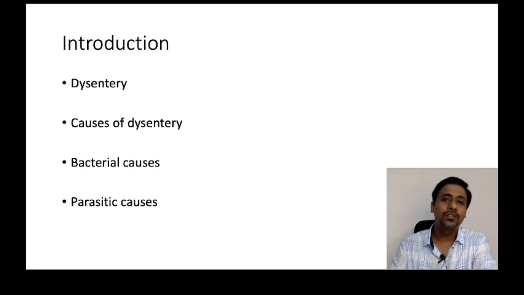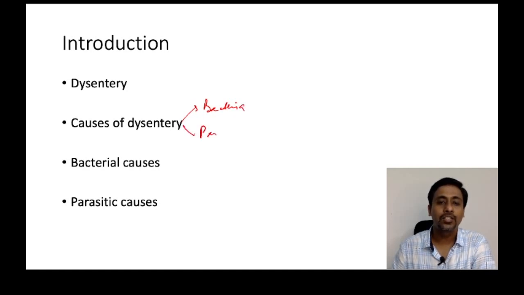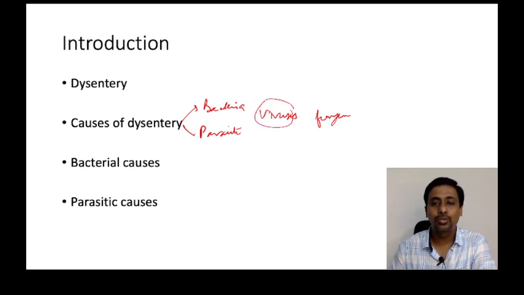The causes of dysentery may be bacterial or parasitic, but there are no viral and fungal causes. Bacteria can cause diarrhea and dysentery. Parasites can cause dysentery, but viruses and fungi cannot cause dysentery.